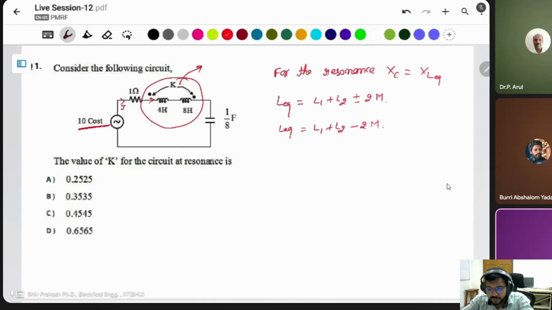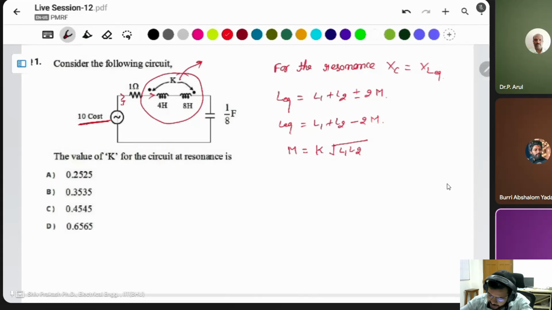The relation between the coupling coefficient and mutual inductance is M equal to K root of L1 L2. Only L1 and L2 are given in this question, which are 4 Henry and 8 Henry.